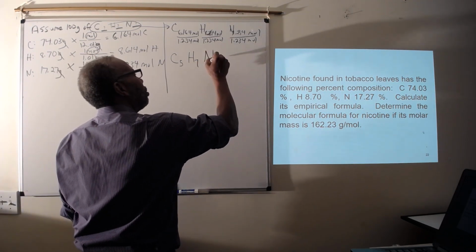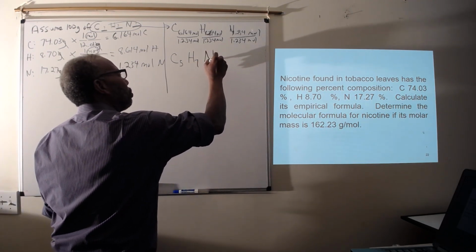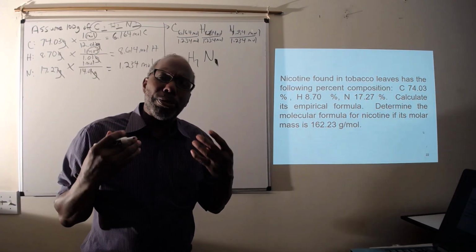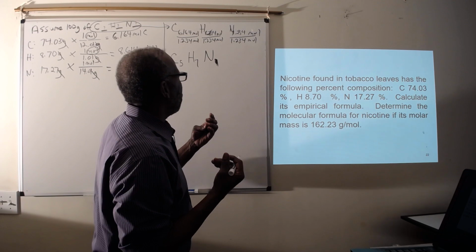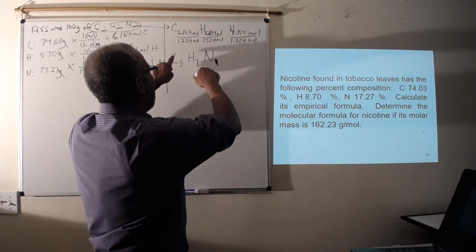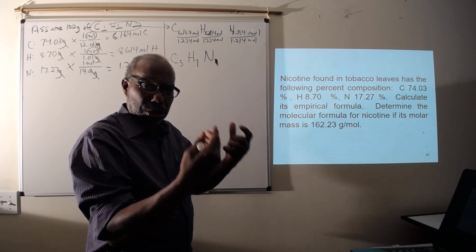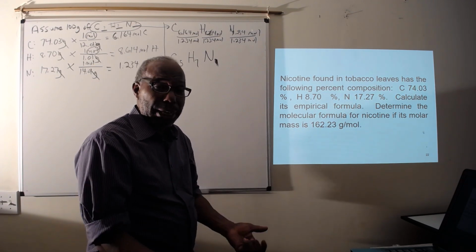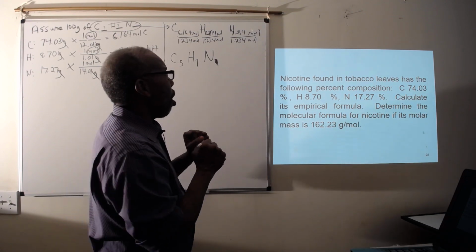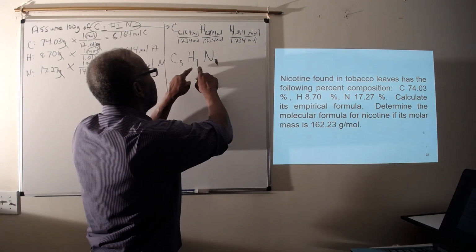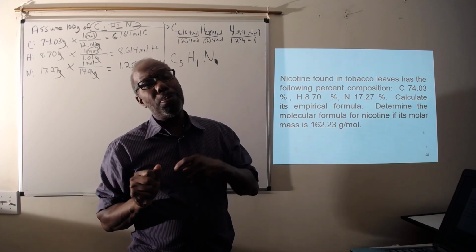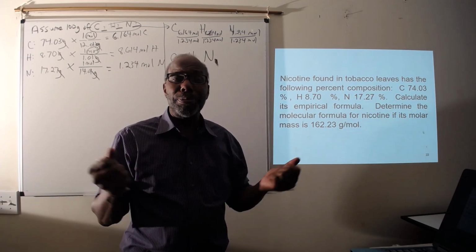So now, we don't have to do that intermediate step. For example, if that was 1.5, then we would have to multiply each of these numbers by 2, maybe 3, to get integers, to get whole numbers. We always want to have whole numbers in the formula unit, and not something like 1.5, 1.3, or something like that.